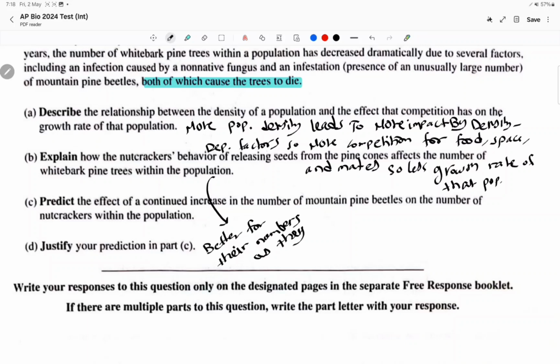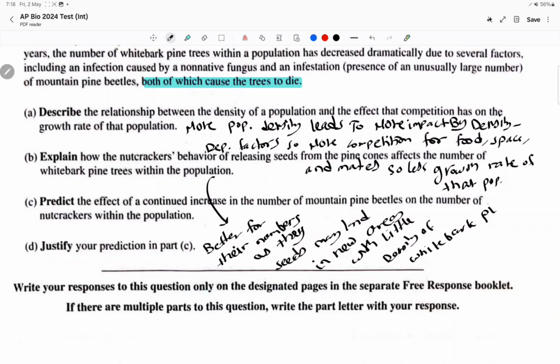As the seeds may land in new areas with little density of the white bark pine tree, so they face less competition and more chance to survive.